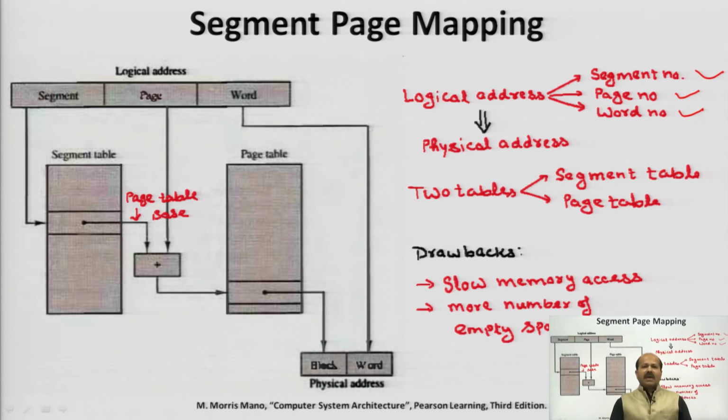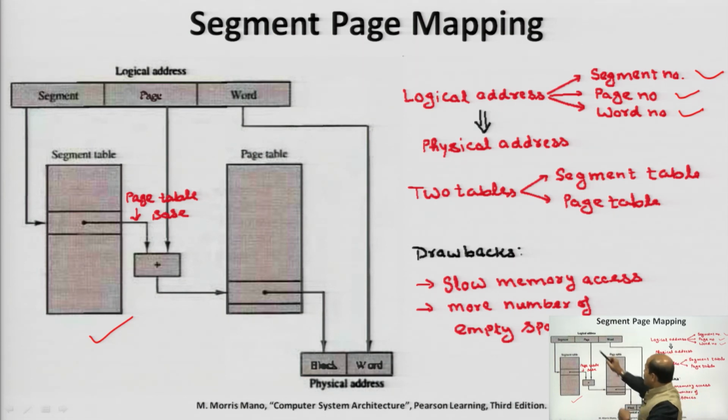So obviously an extra table is required here, which can convert the segment number to a particular page value or page number. One more table has been introduced here, which is used to provide the page offset value or base value through which we can get the exact page number.